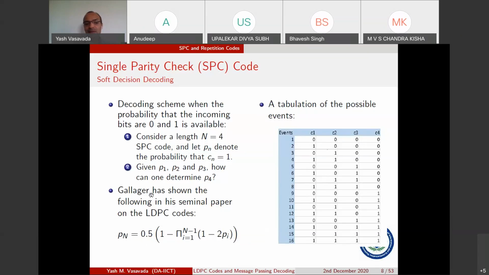Gallagher's paper on LDPC code is a very famous paper. If you just do a web search on Gallagher's original paper on LDPC code, you will find that paper available online. In that paper, you will see a proof of where this formula is coming from. If you read the proof, you may not understand it.